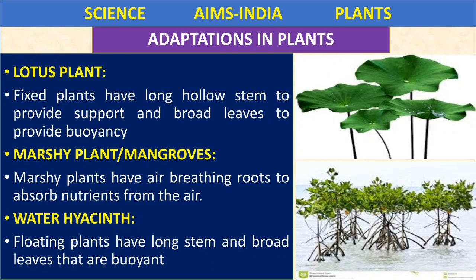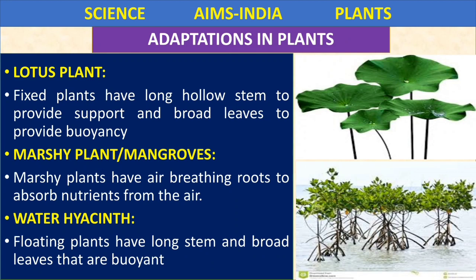Children, before concluding, let us just revise what we have learned in today's session. We learnt about adaptations in plants, like making themselves comfortable to live in certain places or climatic conditions.